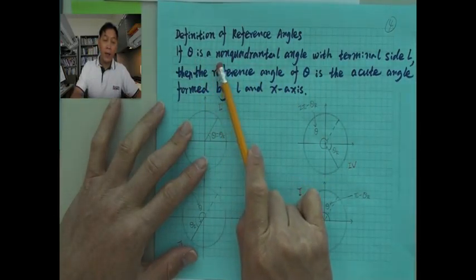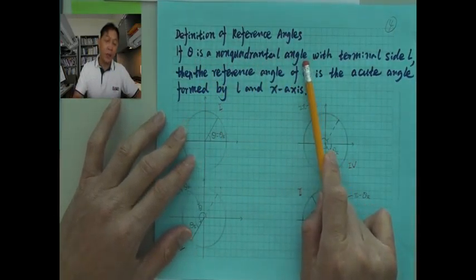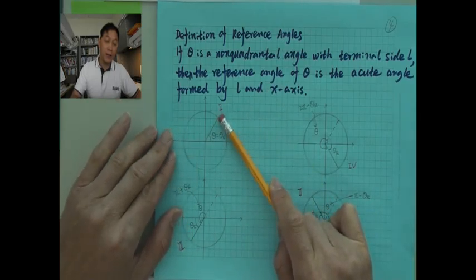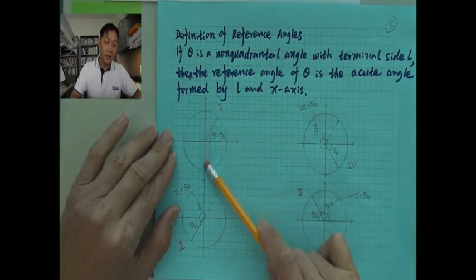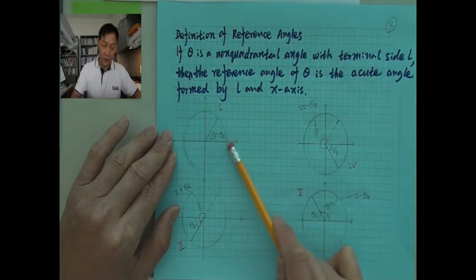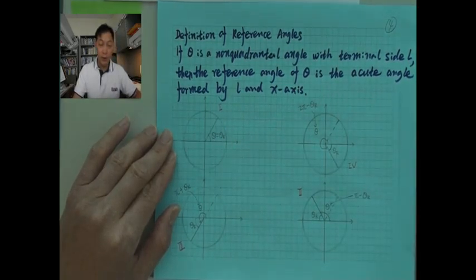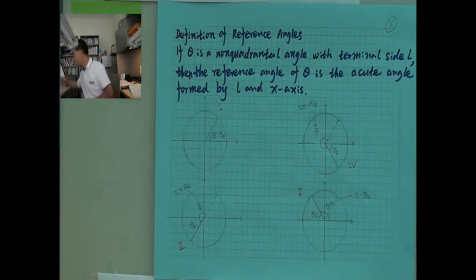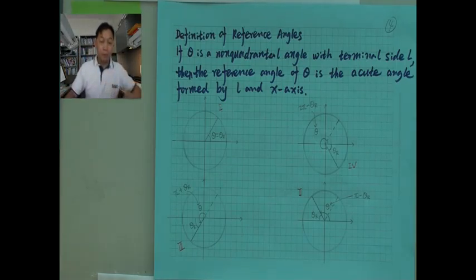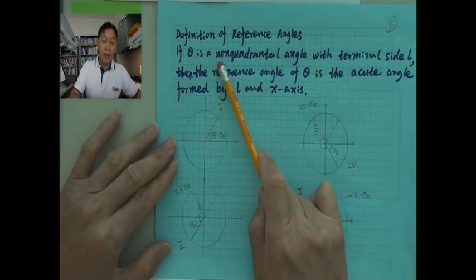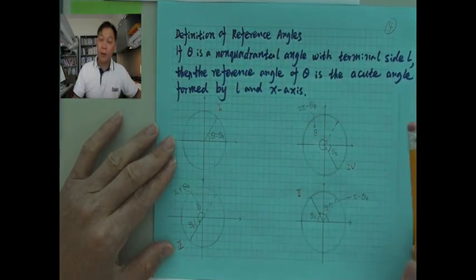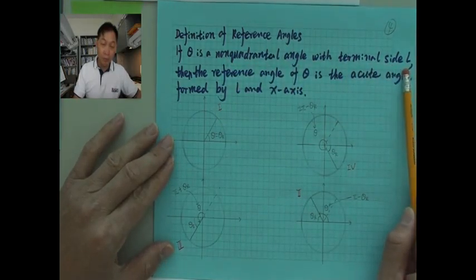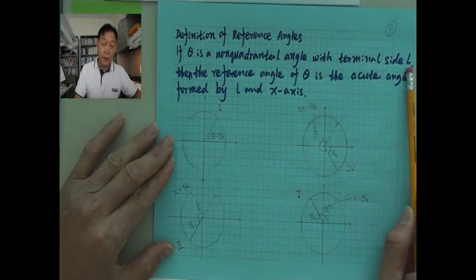If theta is a non-quadrantal angle, it means the terminal side is not on the y-axis or the x-axis. Recall the definition. If theta is a non-quadrantal angle with terminal side L, it means the terminal side is neither on the x nor on the y axis.